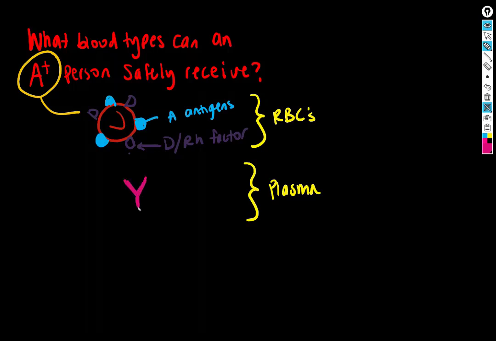Instead, they're going to have immunoglobulins that are, I like to draw the antigen right on it, against B. So for this reason, we want to avoid giving them anything with the B surface antigen because that would cause a transfusion reaction. So what I like to do now, and this is just for practicing, I wouldn't expect you to do this on the exam, but it's good for modeling and for keeping track of all of the blood types, is I like to just write them out and then cross off the ones that are impossible to transfuse with this person.